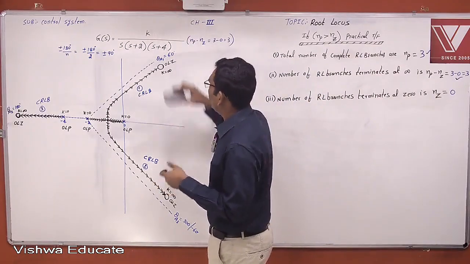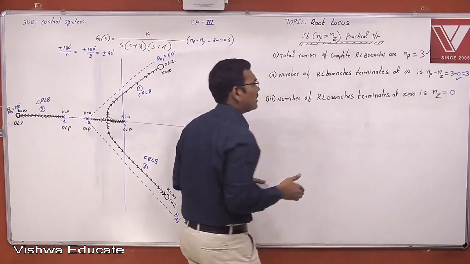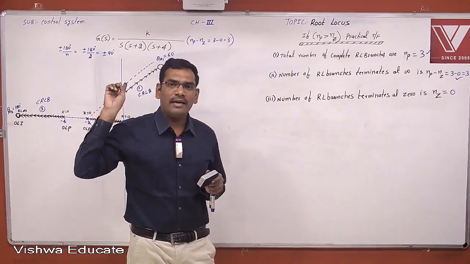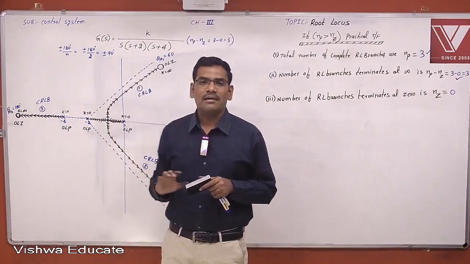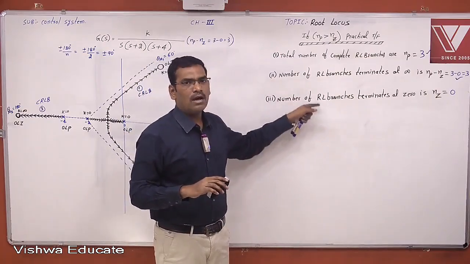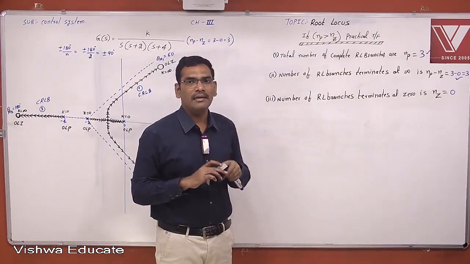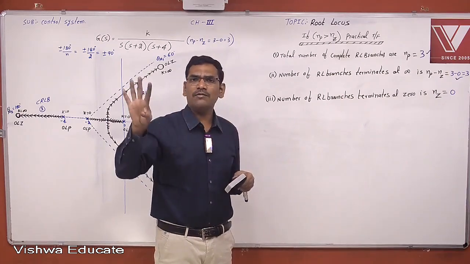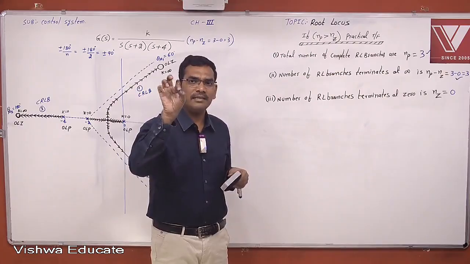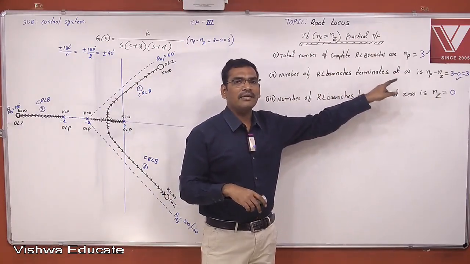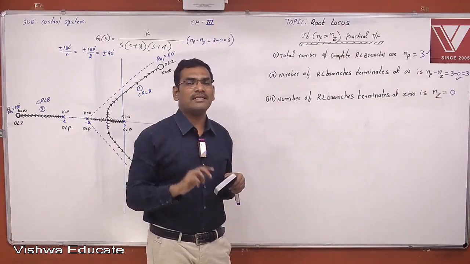Is there any advantage of all these 3 points? Yes. If four root locus diagrams are given as options for the transfer function, first you check how many branches: total complete is 3. An option with only 2 branches is wrong, only 1 branch is wrong, only 4 branches is wrong. An option with 3 branches has a chance of being correct. Then, how many branches terminate at infinity? 3. An option with only 1 branch terminating at infinity is wrong.